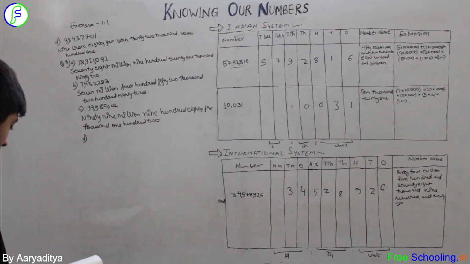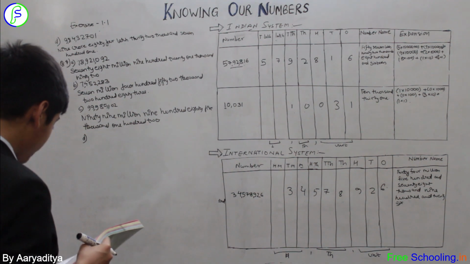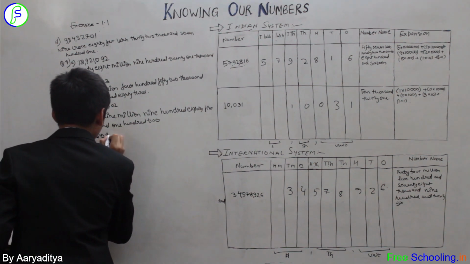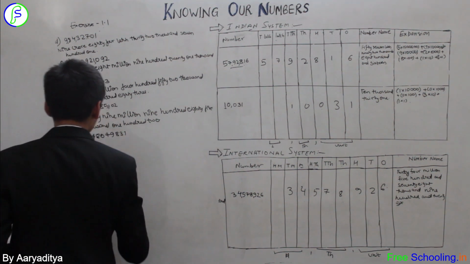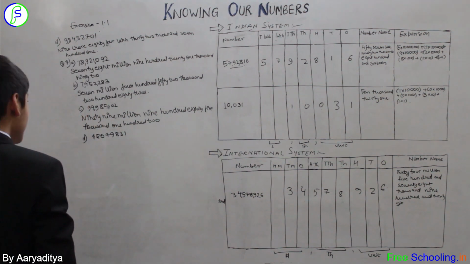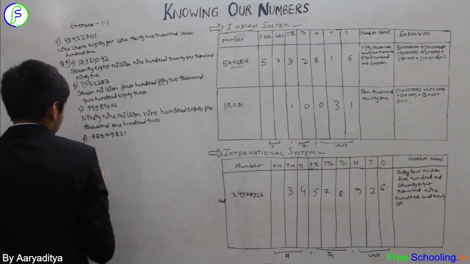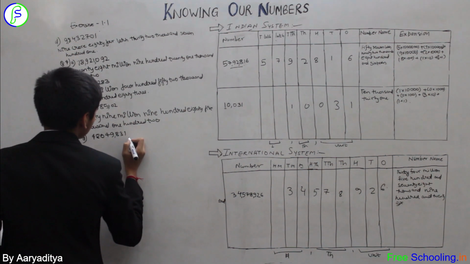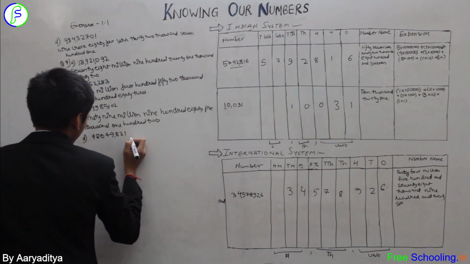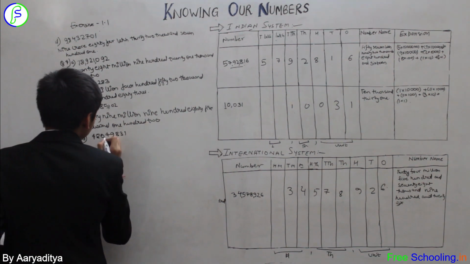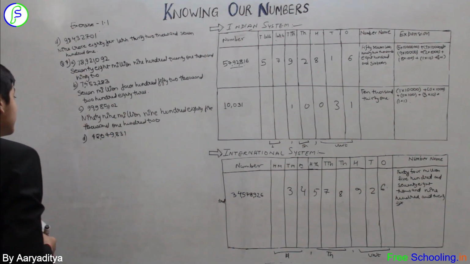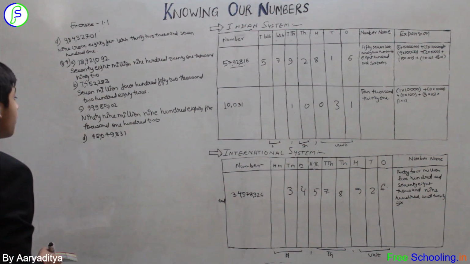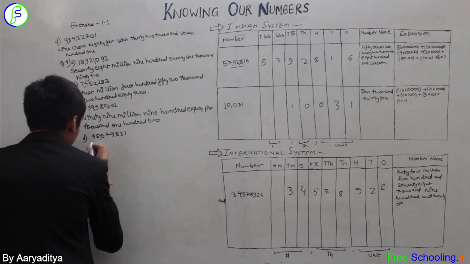Moving on to the D part, we see 48049831. Let me cross check. Okay, so first insert commas in the international system from the right hand side, after every 3 digits. So this is what we get, 48,049,831. Let us write it out.